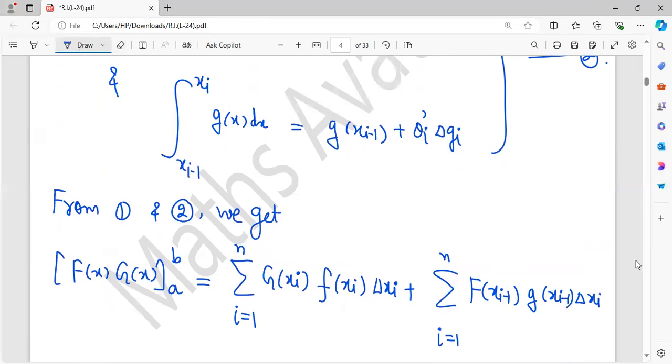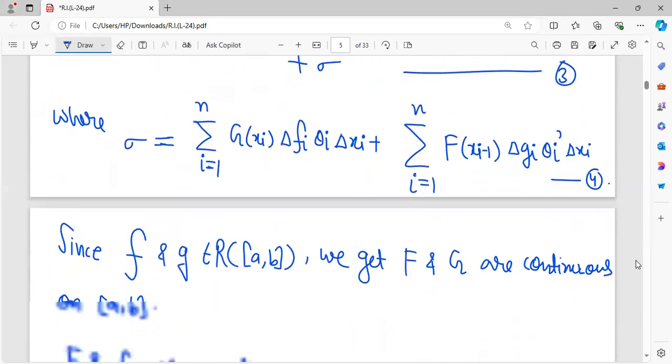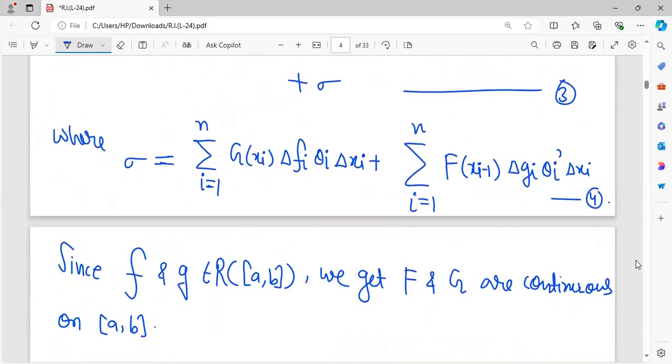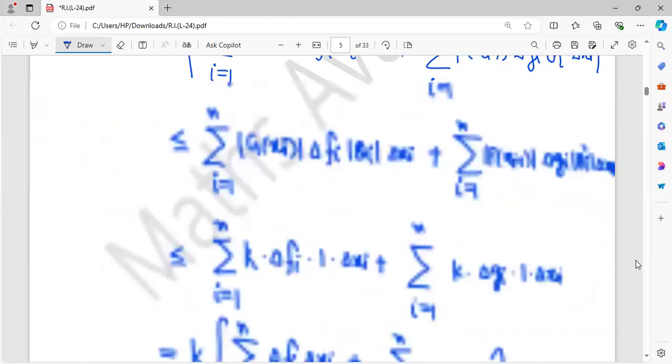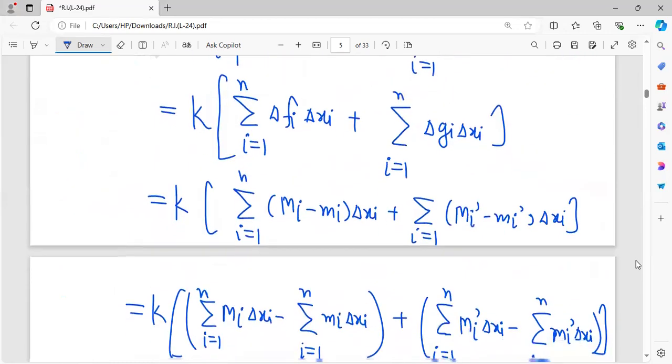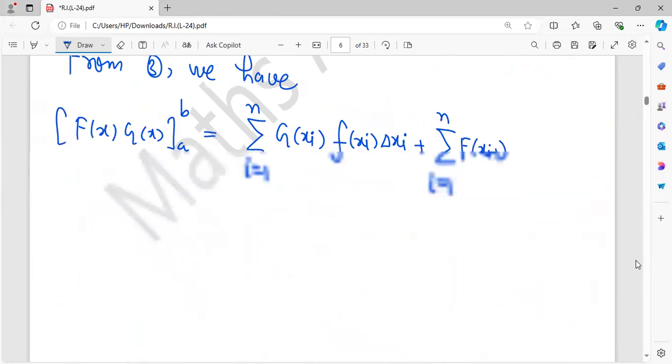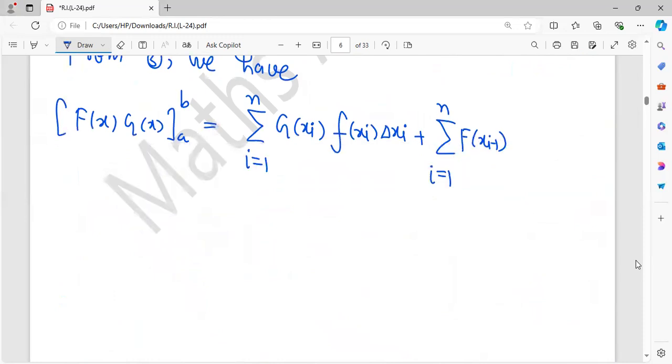So what is this then? So this is g x minus 1 delta xi plus sigma. Okay. So letting norm P tending to 0, we get.